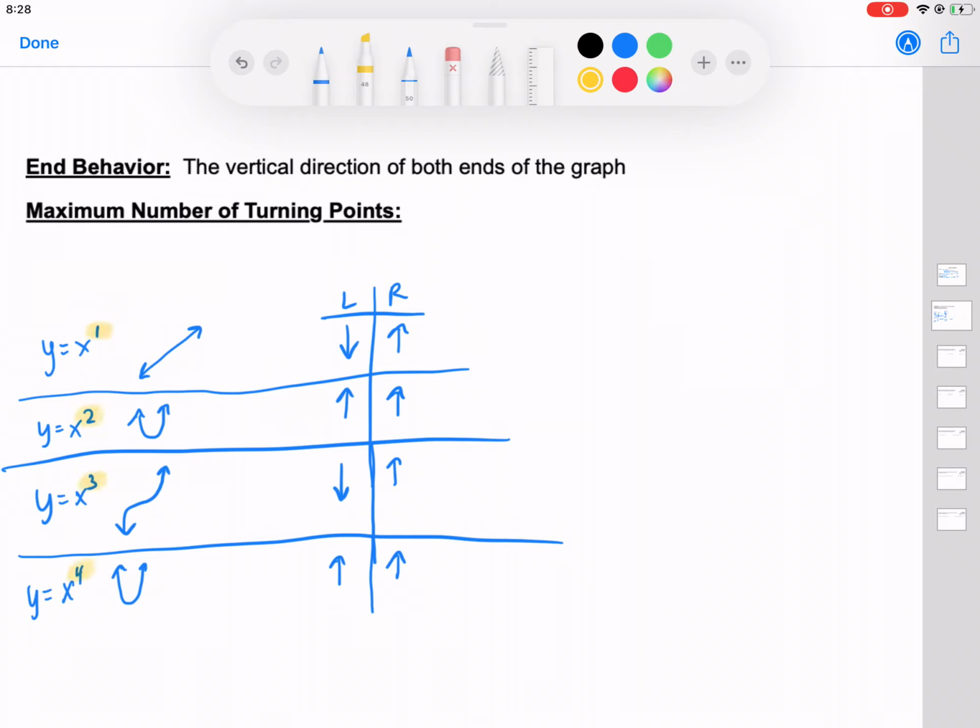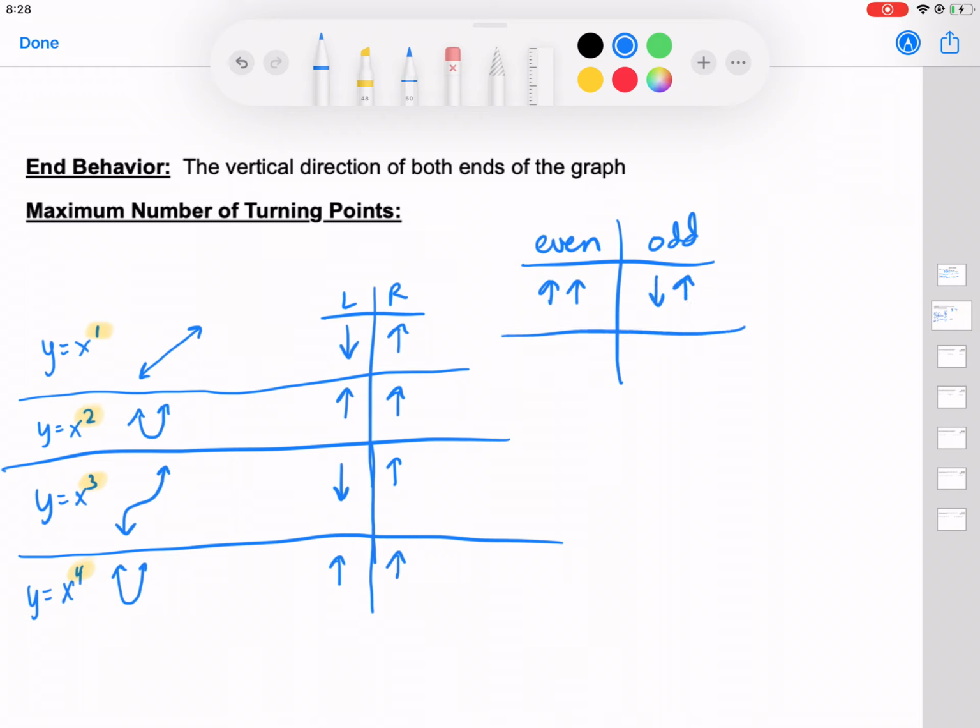So if you have an odd degree versus an even, I'm going to write even first. Even degrees, they're always going up and up, right? Odd degrees, they're going down then up. Now, it does change if your leading coefficient switches.